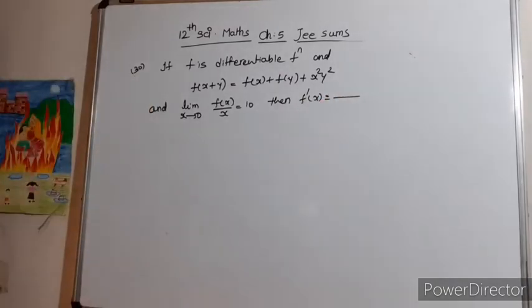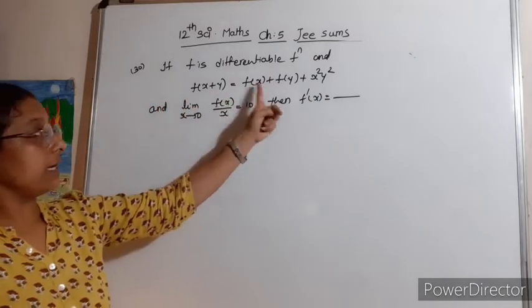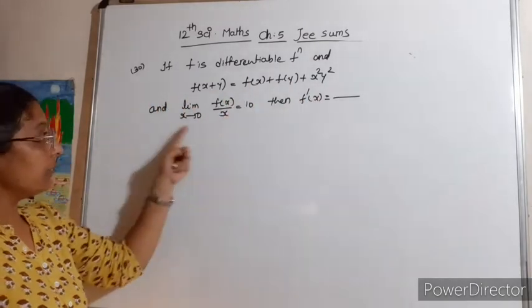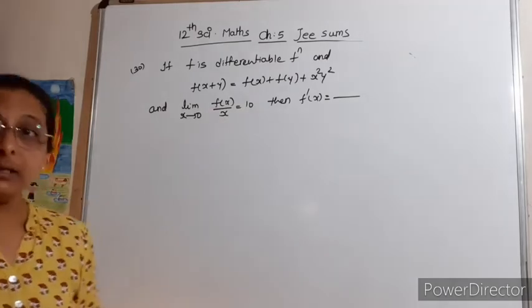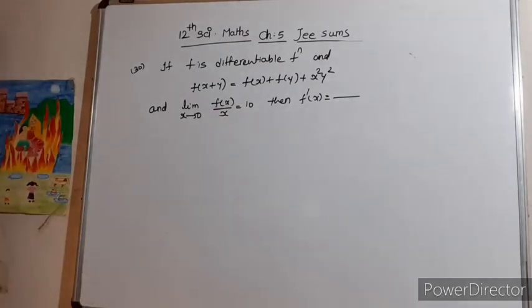The function is differentiable. Given f of x plus y equal to this, another limit value is given as 10, and if it is differentiable, then you have to find f dash x. You know the formula for f dash x.